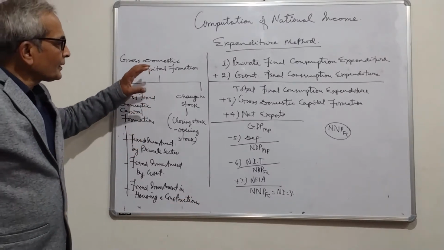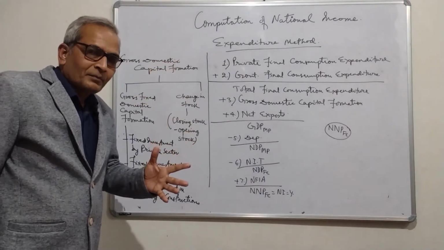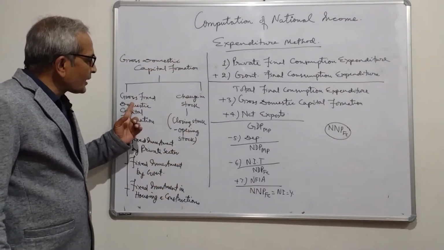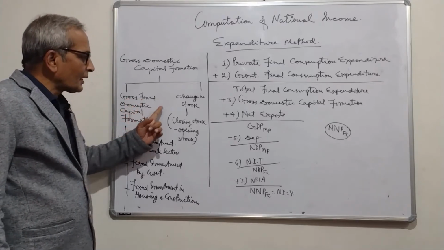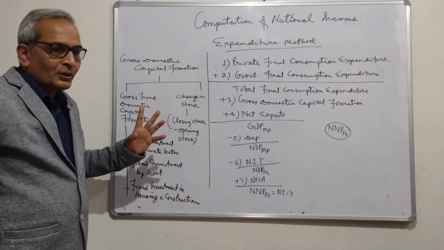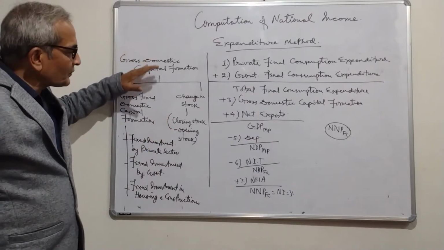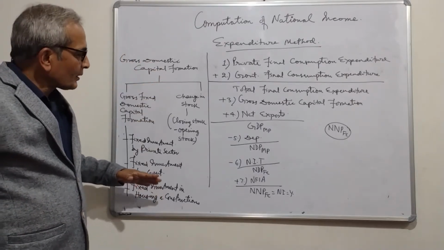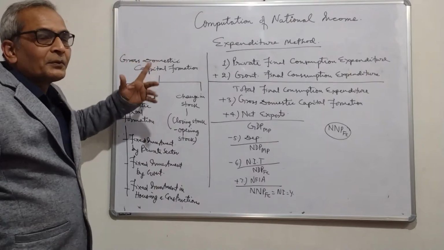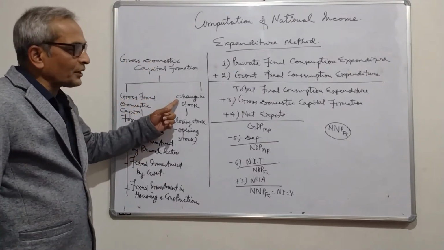So here gross domestic capital formation is the main part. Then it has two subparts: gross fixed domestic capital formation and change in stock. So if gross domestic capital formation is given, we are not required to look at these. If it is not given, then we will look for gross fixed domestic capital formation and change in stock.